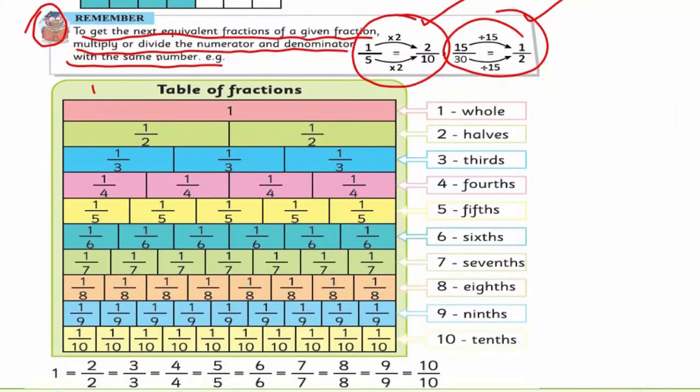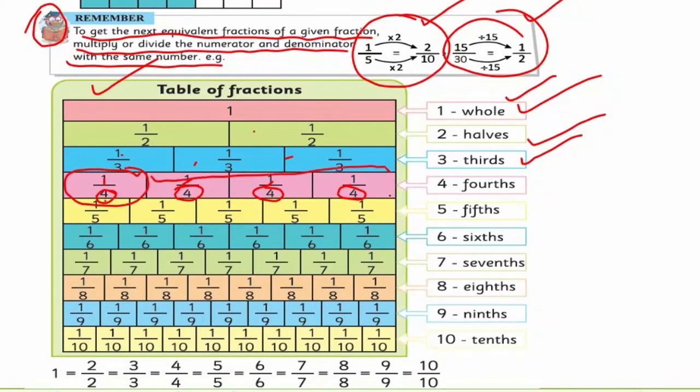And look at the table of fractions, and you have to remember these names. So 1 whole, 1 half, thirds, 1/3, 3/3. 1, 2, 3. So this part is 1 over 4. How many total parts? 4. When we consider this and other 4, we have 1 over 4.